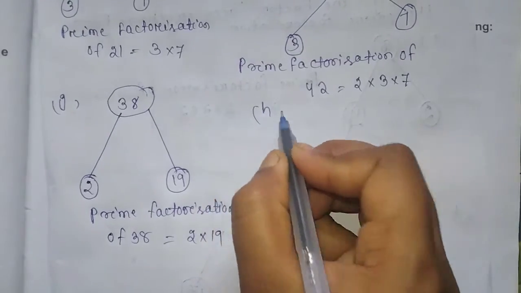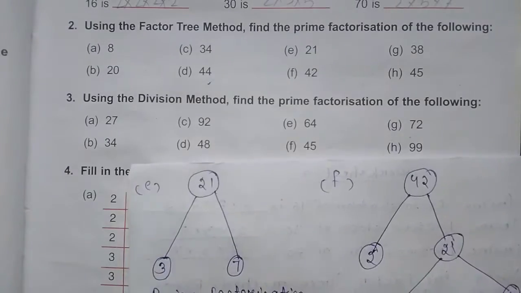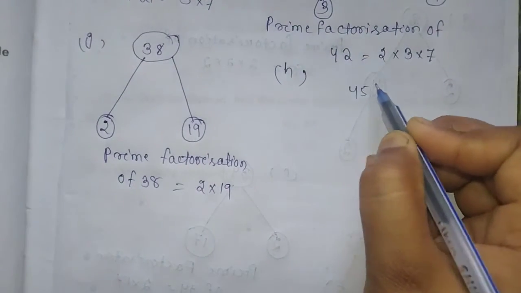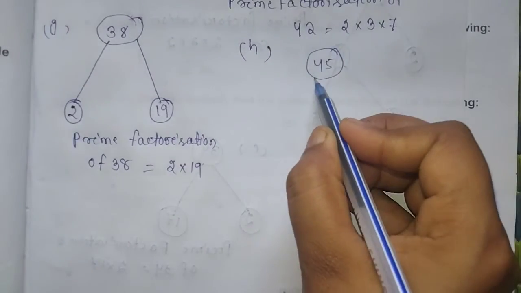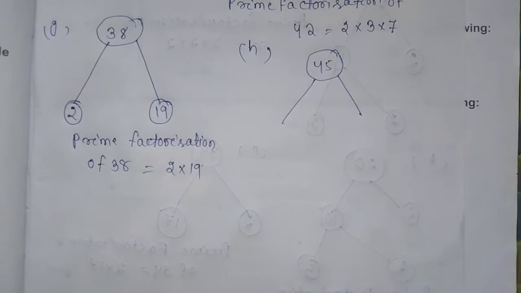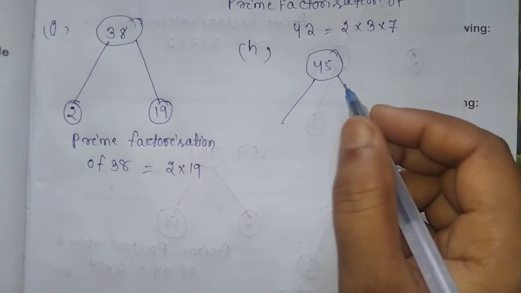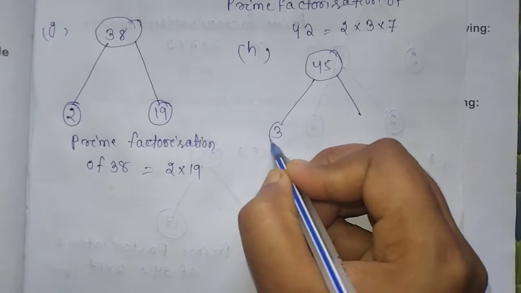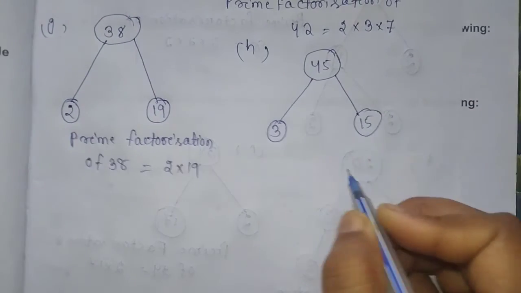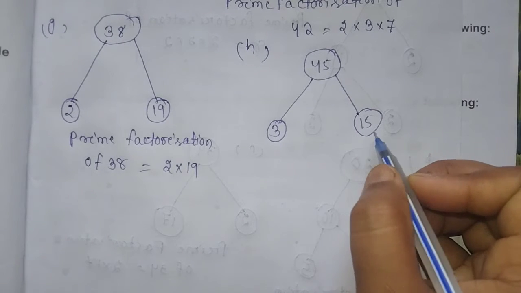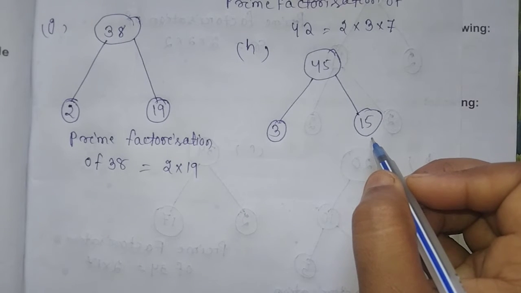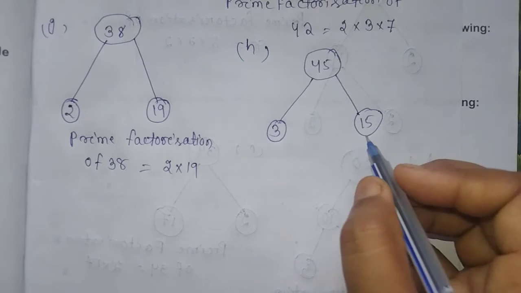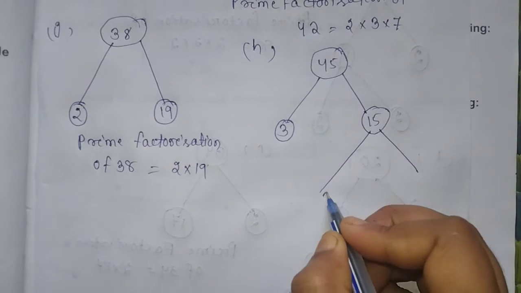Then H, 45. Prime factorization of 45. First we can break 45 into 2 factors. That is 15 times 3 is 45. 3 is a prime number, but 15 is a composite number. So we can again break 15 into 2 factors. 3 times 5 is 15.